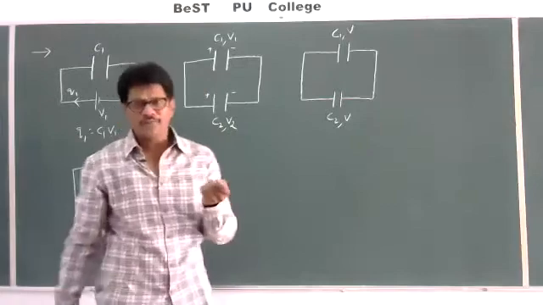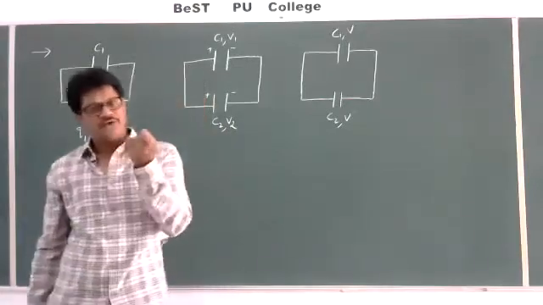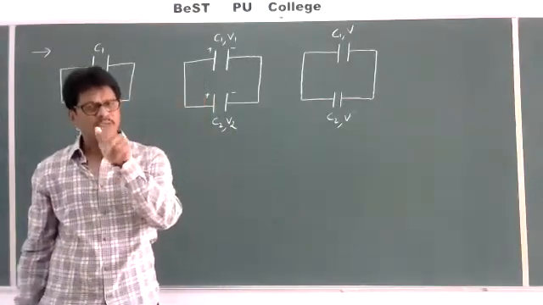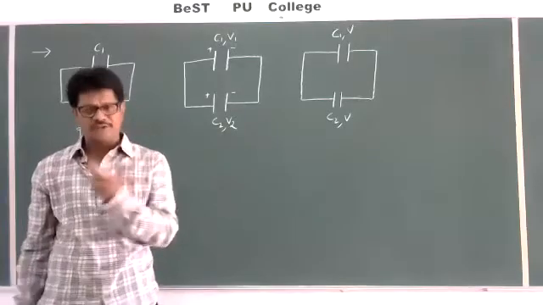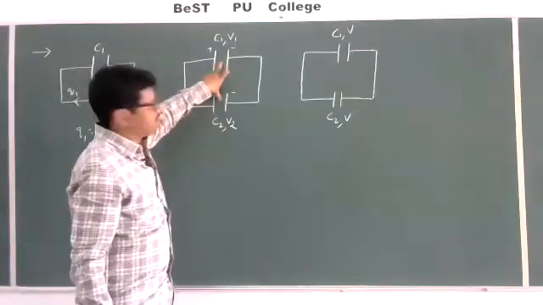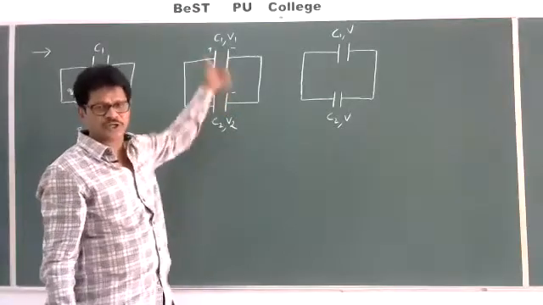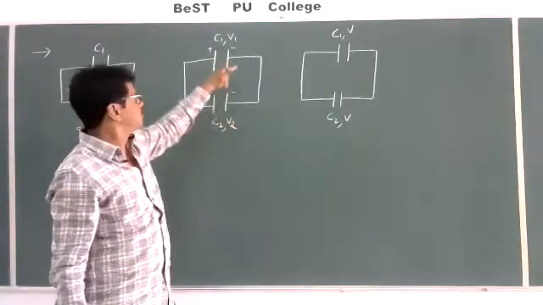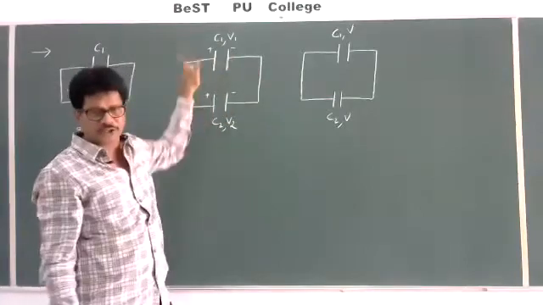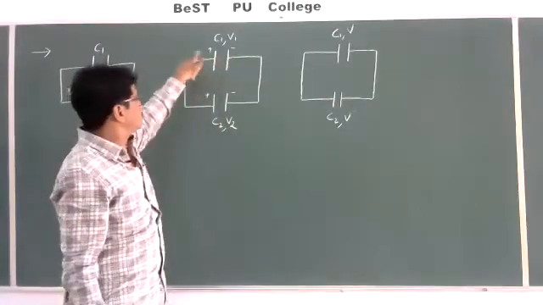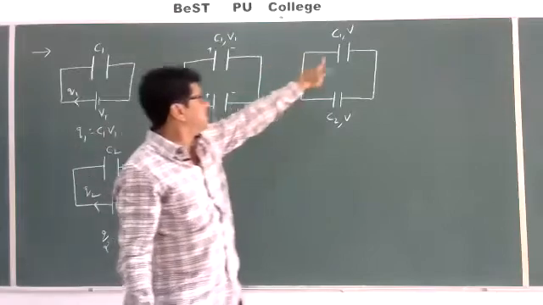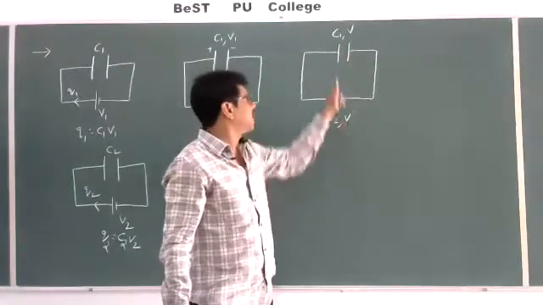Because as we know, the transfer of the charge will take place if and only if there is a potential difference. So here there is a potential difference because one is V1, other one is V2. Because of the potential difference, the transfer of the charge will take place until both will acquire the common potential.